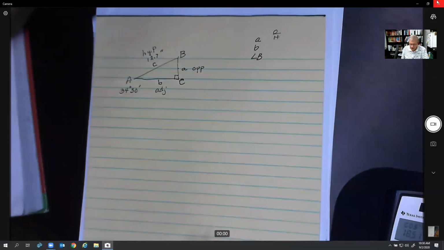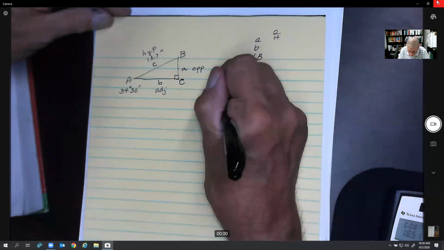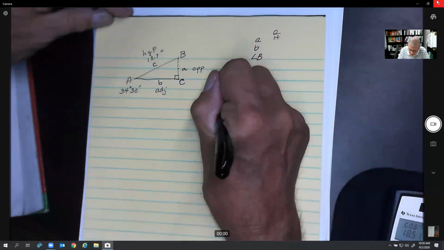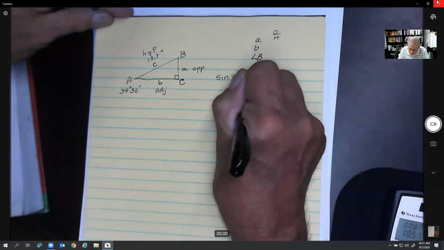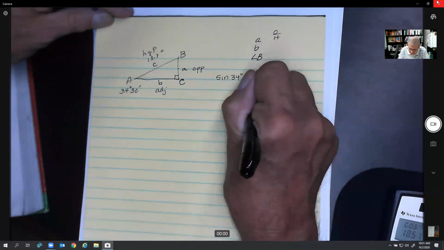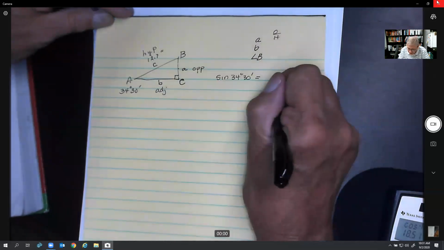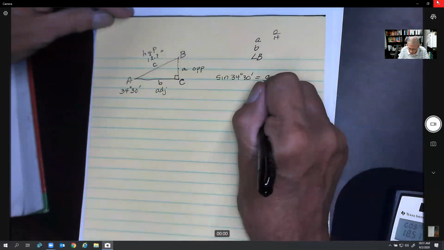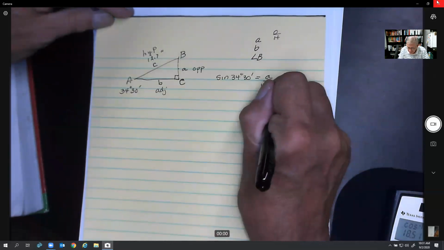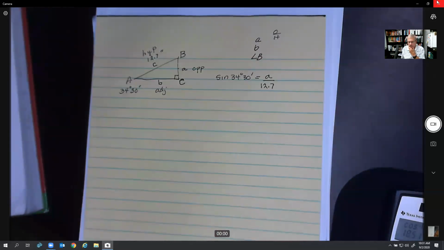So what would that relationship be? That would be the sine. The sine of 34 degrees, 30 minutes, I'm going to write it like this, is equal to the opposite, which is A, over the hypotenuse, which is 12.7. So how can I find A?